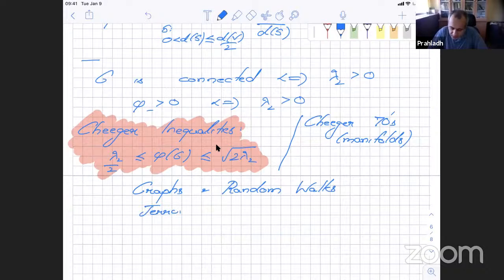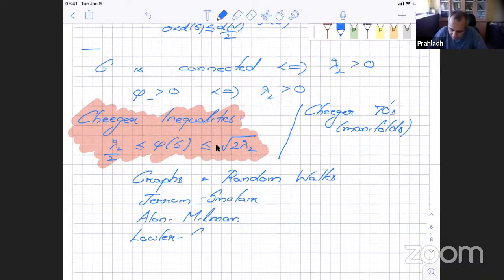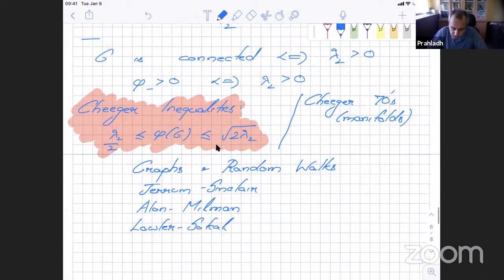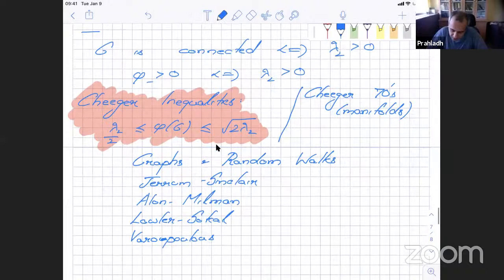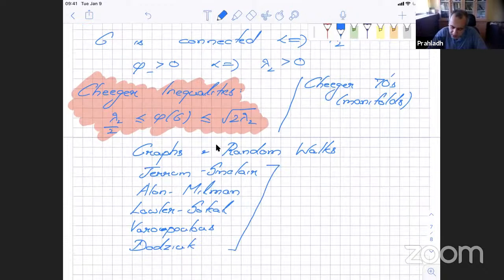There was Jerrum in the 80s. This was in multiple papers. Jerrum and Sinclair defined it and proved it once. Alon, Milman, Lawler and Sokal, Varopoulos, Dodziuk did it in the 80s.